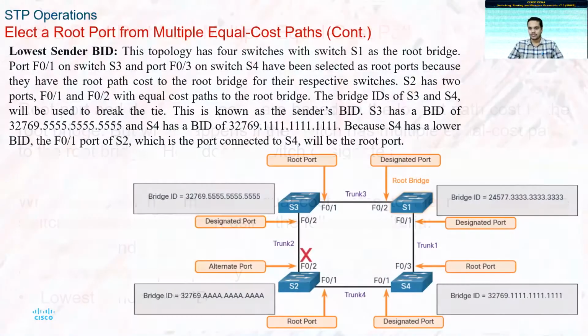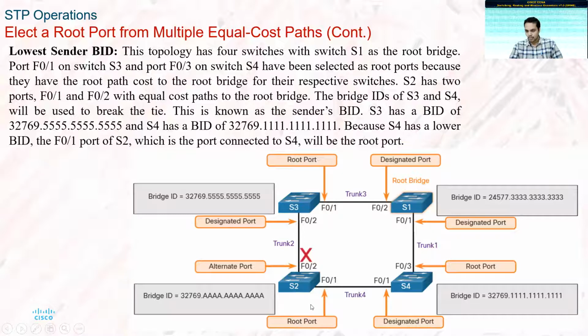So let us look into the first one. Now, consider this scenario. It has 4 switches, S1, S2, S3, S4, and S1 is designated as the root bridge. Now, port F0/1 on switch S3 and port F0/3 on switch S4 have been selected as the root ports because they have the lowest root path cost to the root bridge for their respective switches.